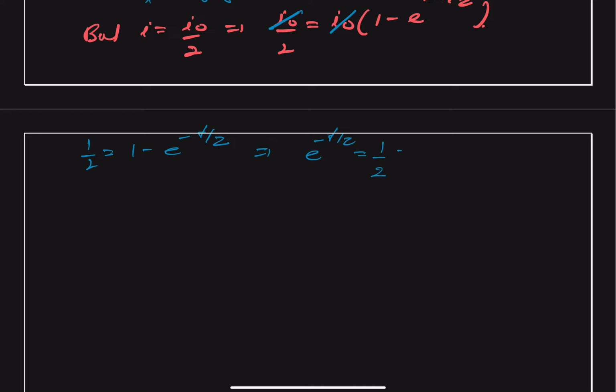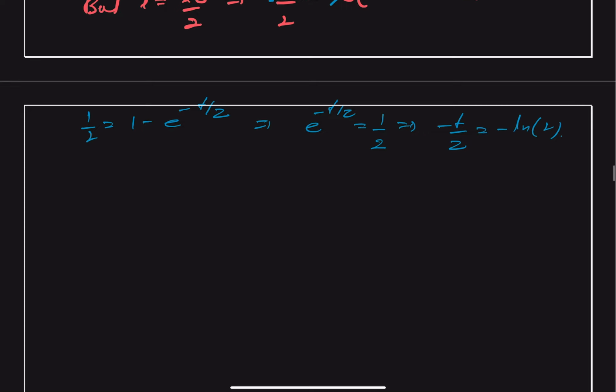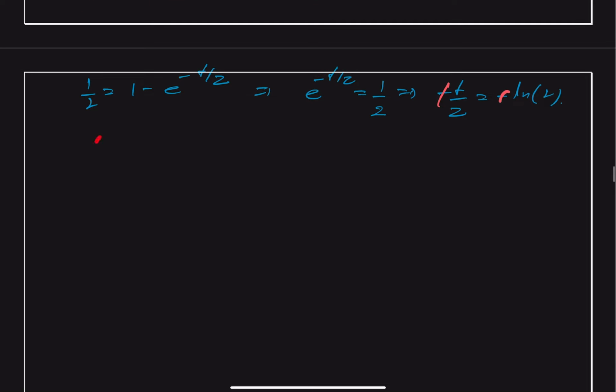So this can be written as minus t upon tau is equal to minus natural log of 2. So this minus and minus cancel out. So we get from here that our t is equal to tau times natural log of 2.